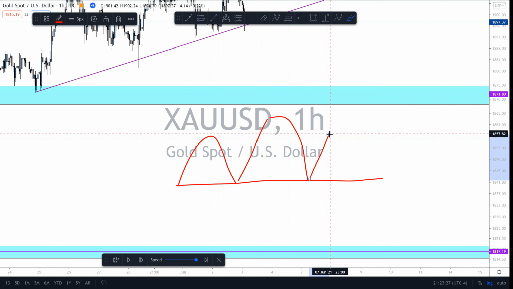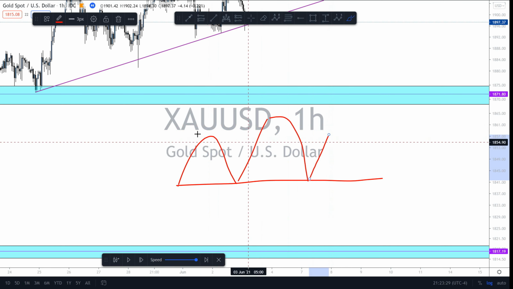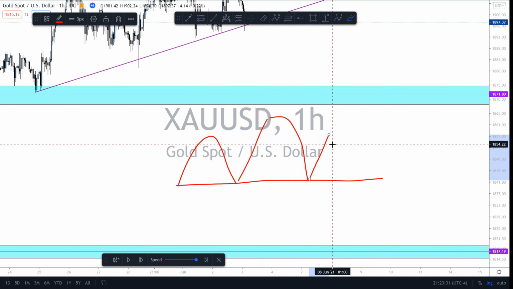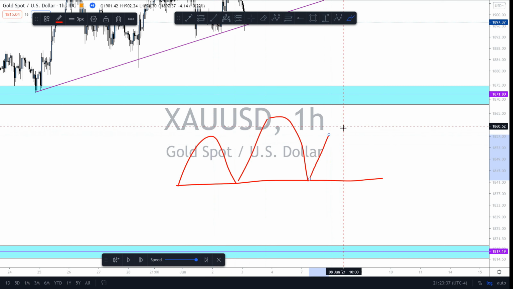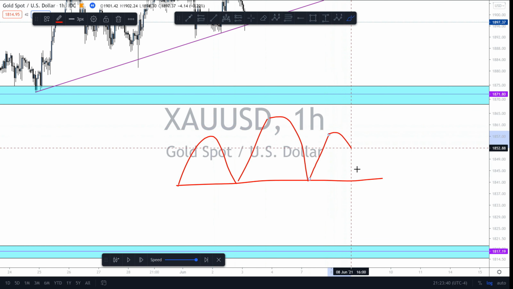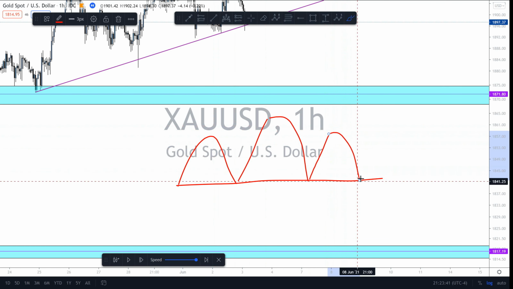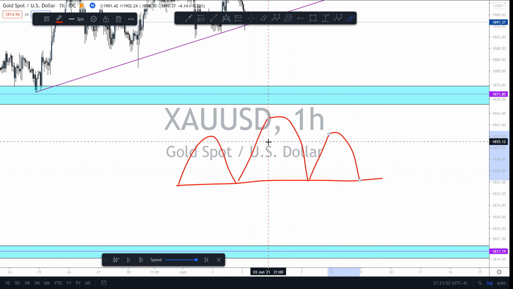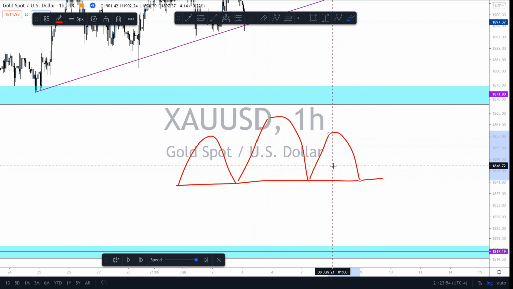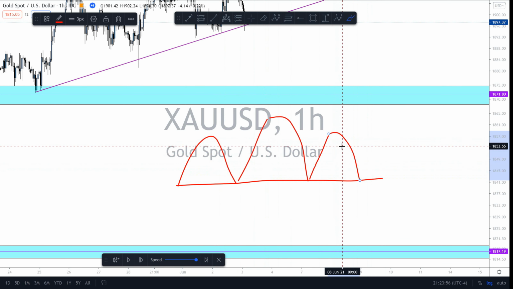However, you can most definitely overextend beyond the left shoulder, but you can start to look out to see if the market will get that rejection within this particular region, and if it does and falls back to the downside, finding support basically right where the market has been finding support for the longest time, then you pretty much have a completion of a head and shoulder pattern, where this would be the left shoulder, the head of the pattern, and this would be the right shoulder.